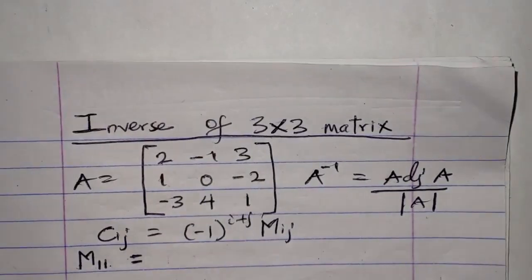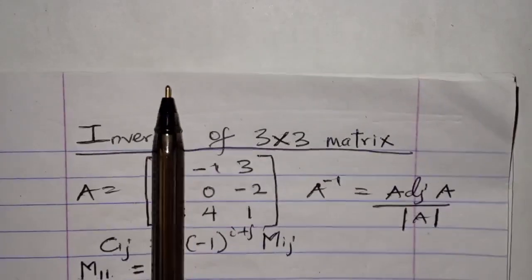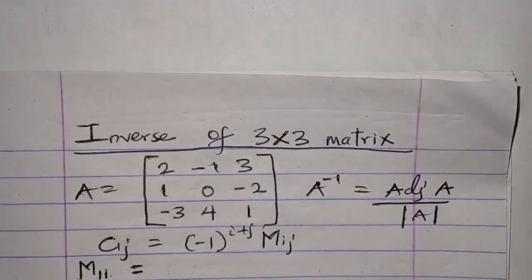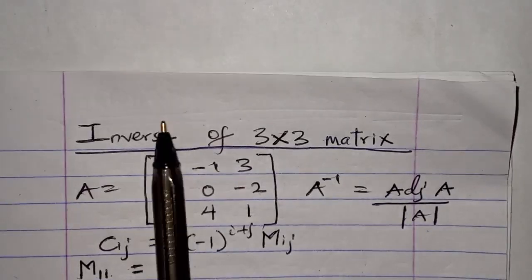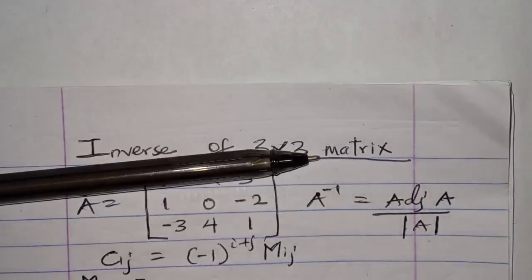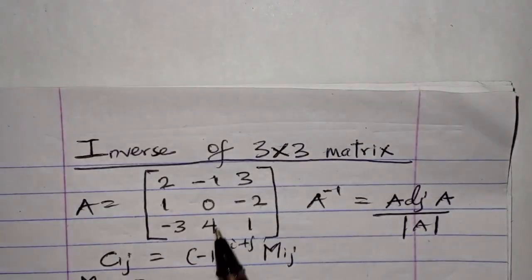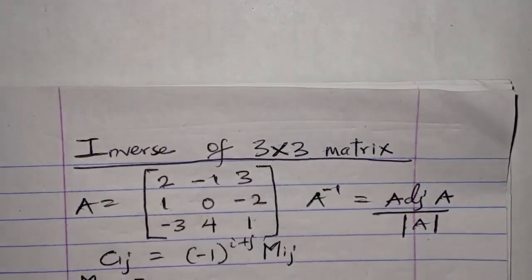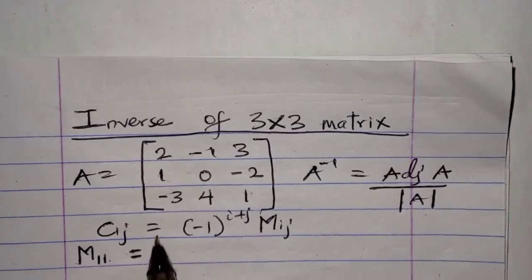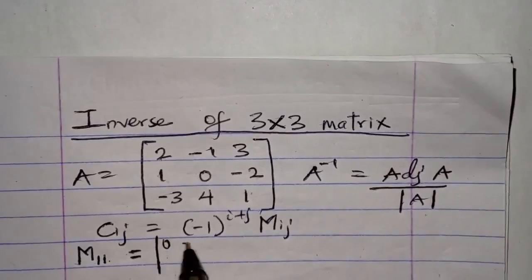For a 2 by 2 matrix, the minor of every element is a single number, right? But for a 3 by 3 matrix, it is the determinant of the matrix obtained when the column of that element is closed and when the row is closed. So when we close this column and this row, we obtain 0, minus 2, 4, 1. The minor is the determinant of 0, minus 2, 4, 1.